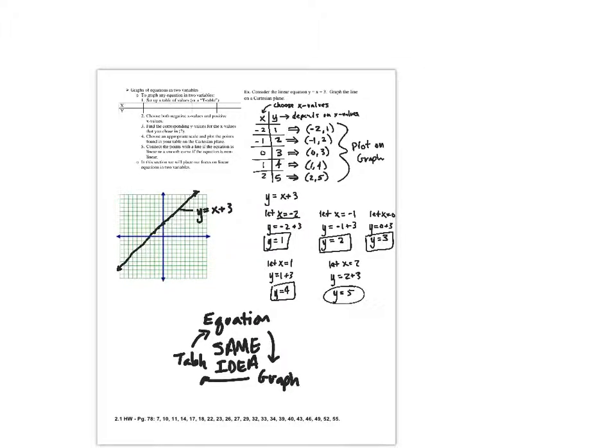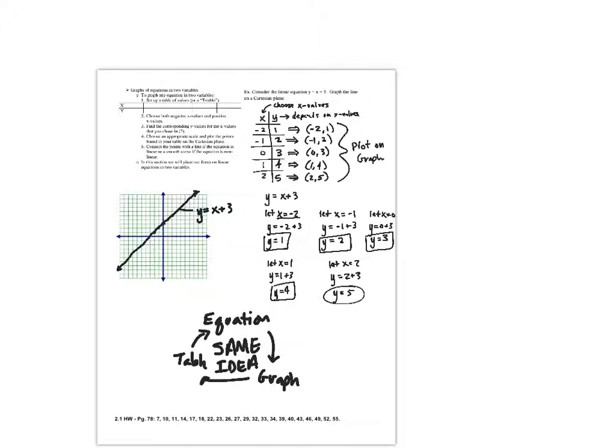So when I think about this, if I have an equation, I can represent that by a graph, and I can represent that by a table of values, which are the points. All three of these things represent the same idea. If you understand this concept, math becomes a lot easier.